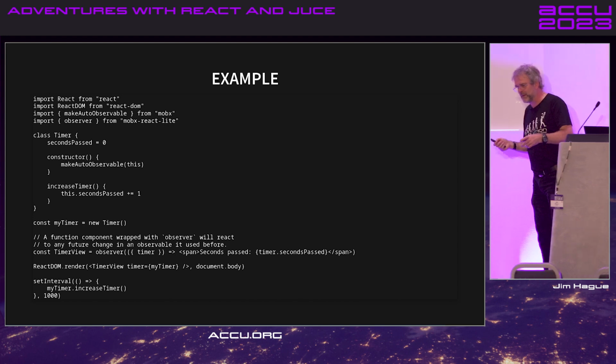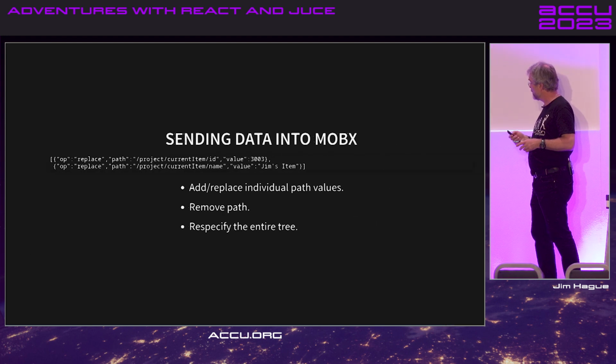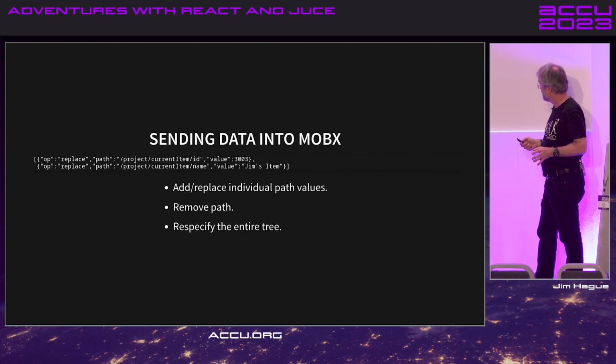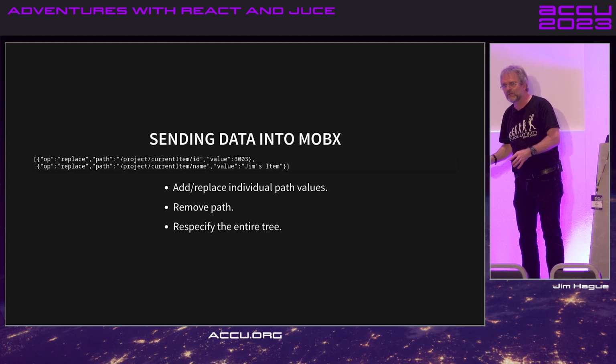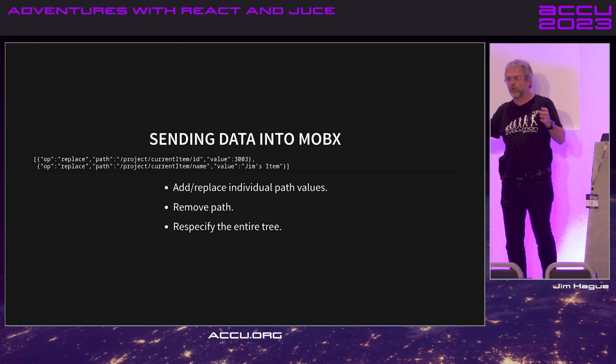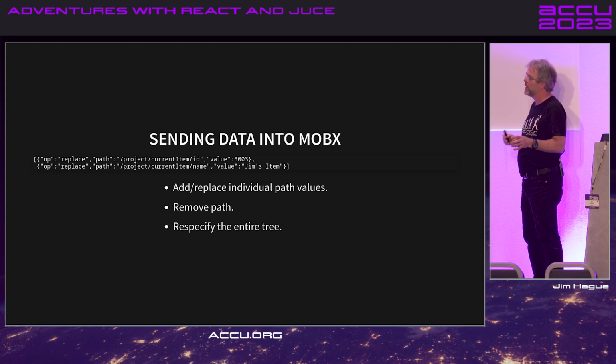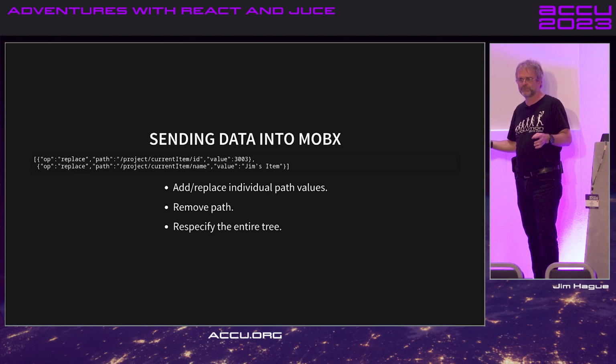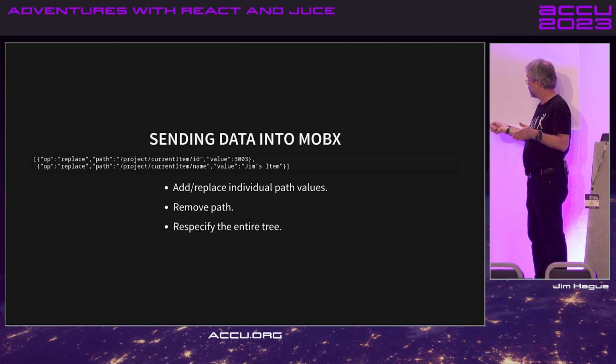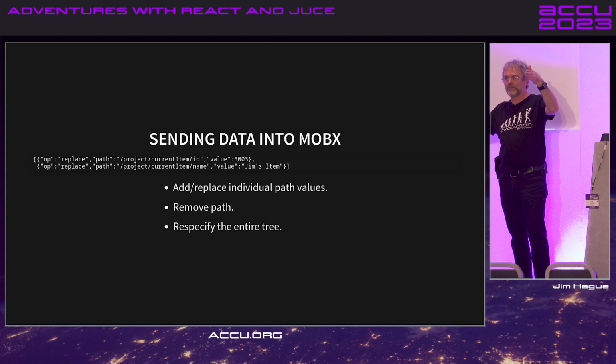But the good thing about this, and the way we're using it, is that with MobX, you can send changes of state into MobX by sending it JSON. So you can send a lot of changes, describing changes to your state by altering paths in your state hierarchy.